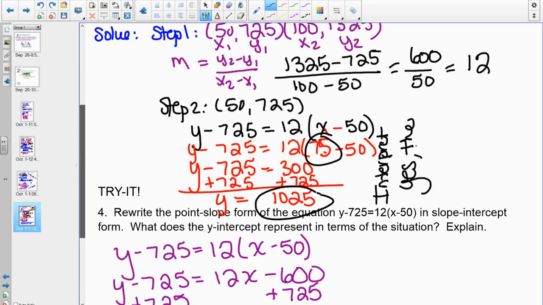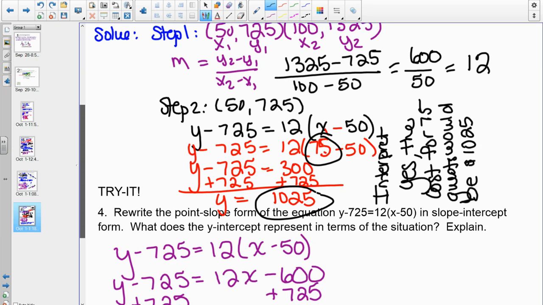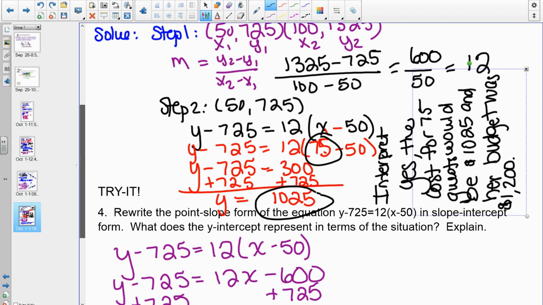You could say the cost for 75 guests would be 1,025, and her budget was 1,200. So all is good. She can invite that many guests, and she's budgeted for it.